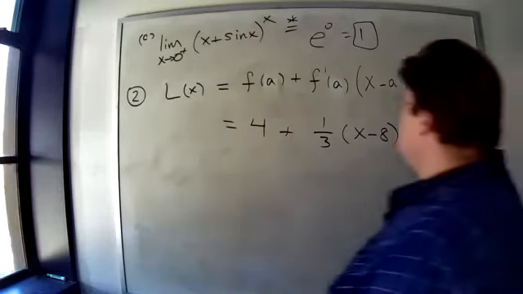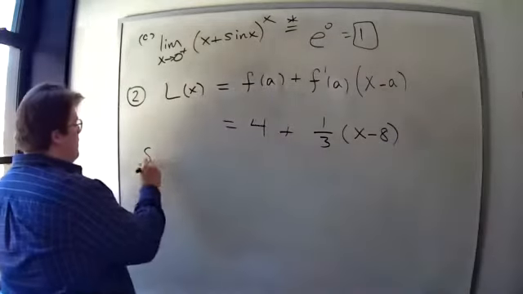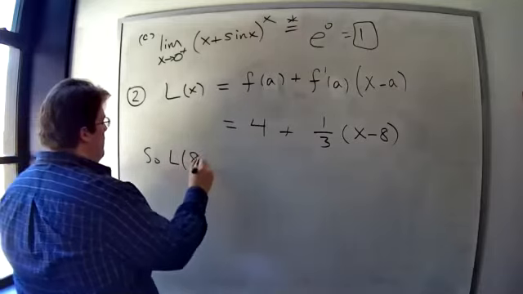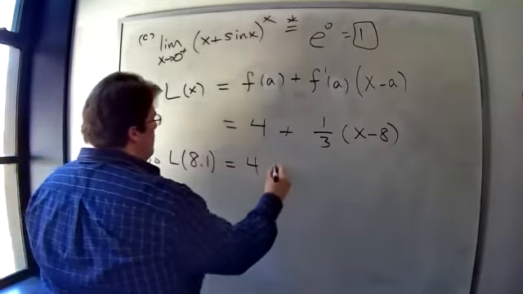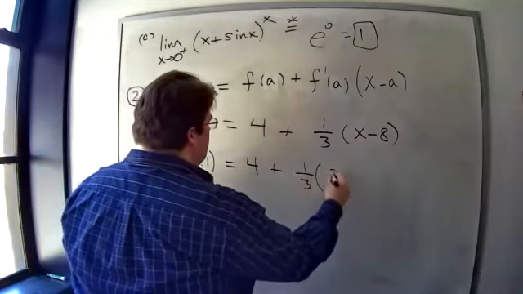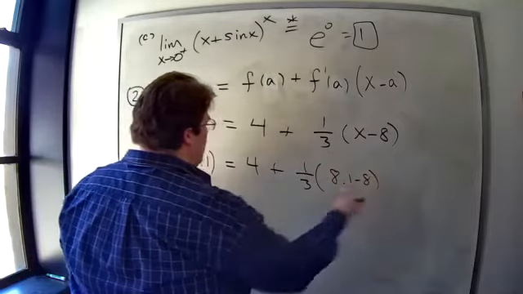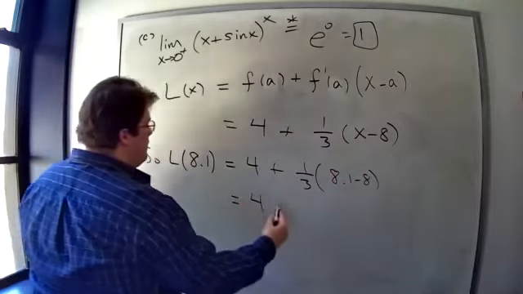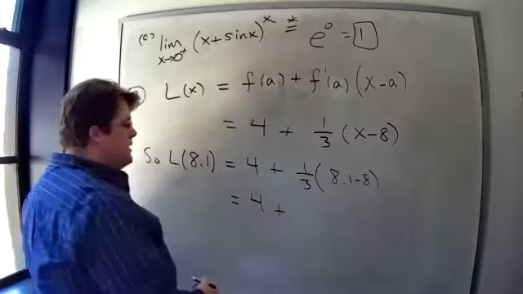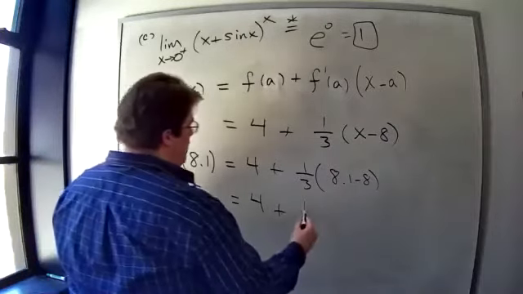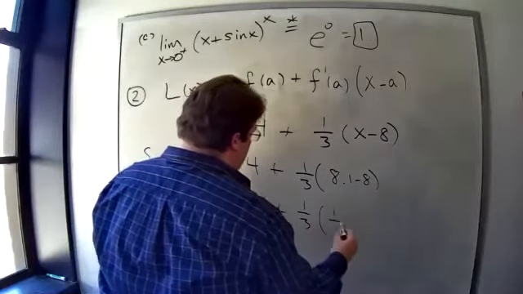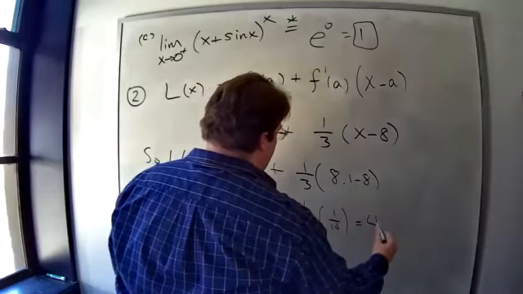But here, we want this at 8.1. 4 plus 1/3 times 8.1 minus 8. 8.1 minus 8 is 1/10. So we have 1/3 times 1/10.